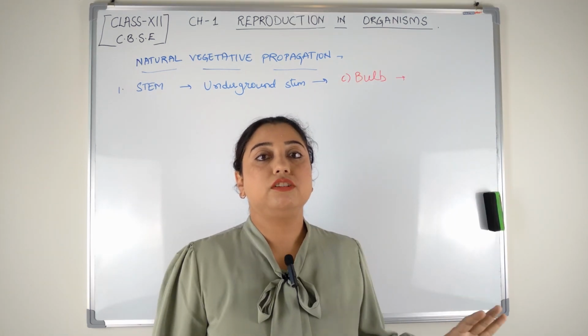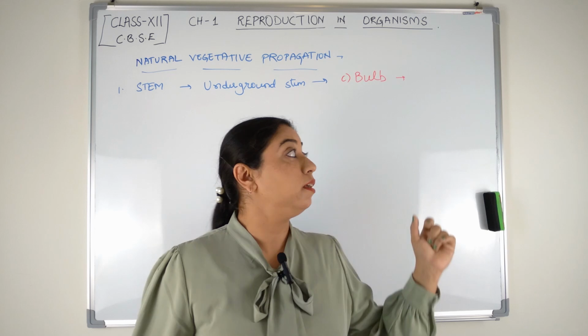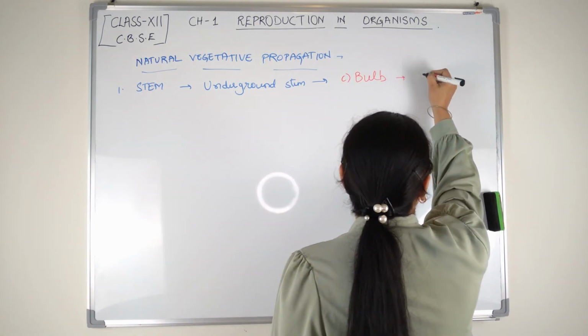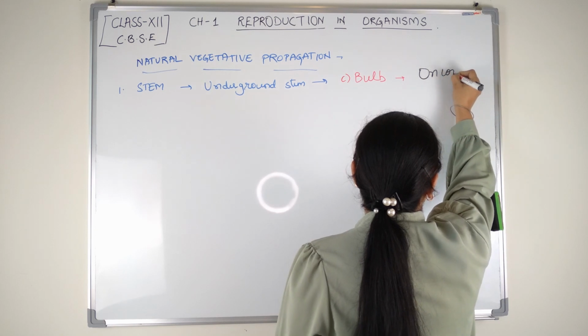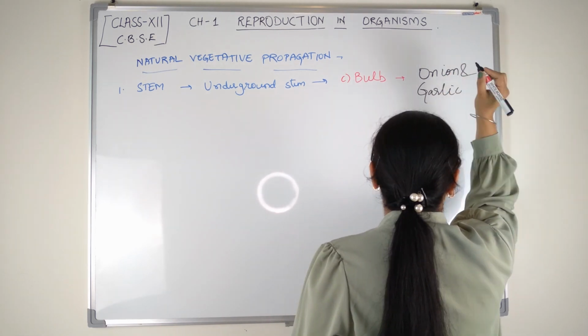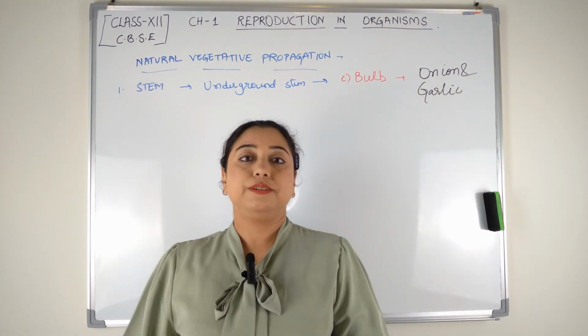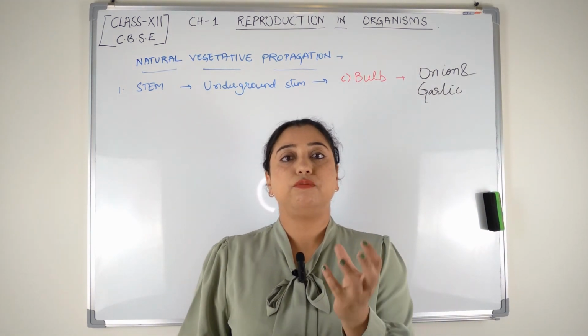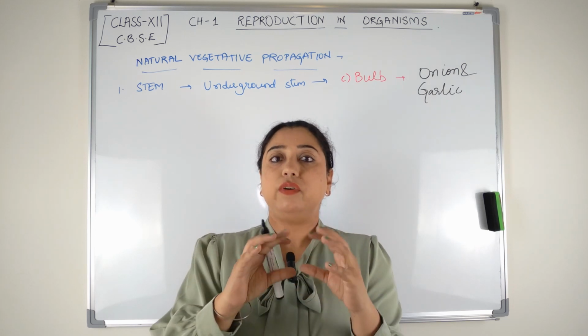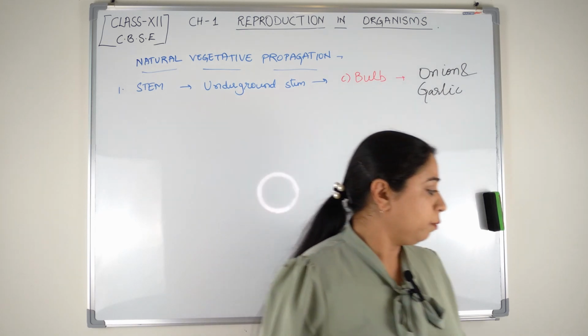The third type of vegetative propagule in underground stem is the bulb. Bulb is seen in the case of onion and garlic. As you all know, onion has a very swollen structure, the bulb of the onion. Let me just show you.